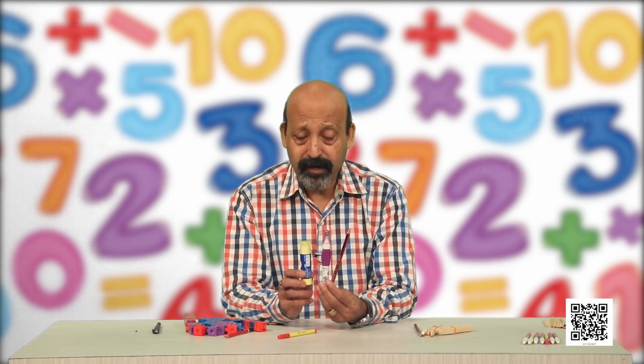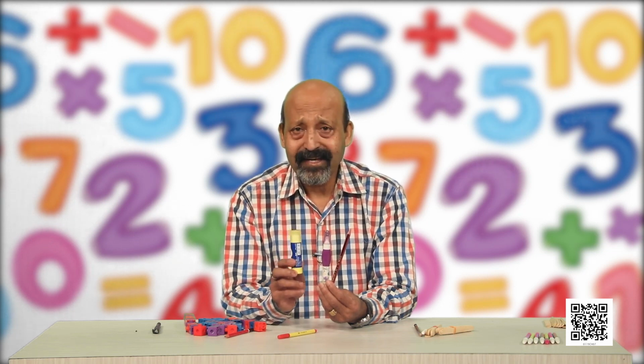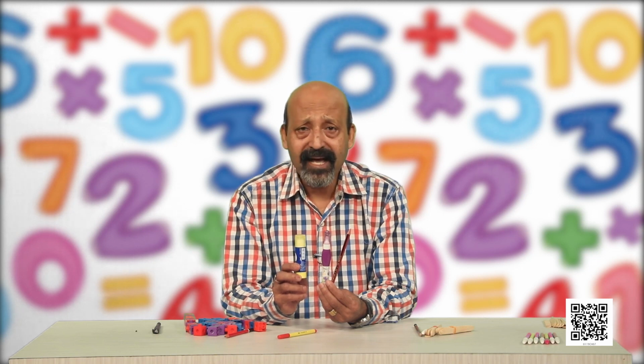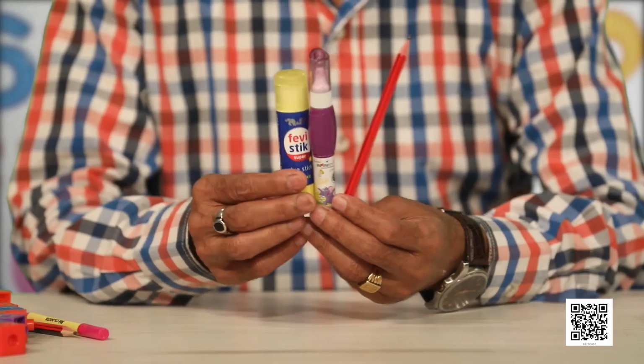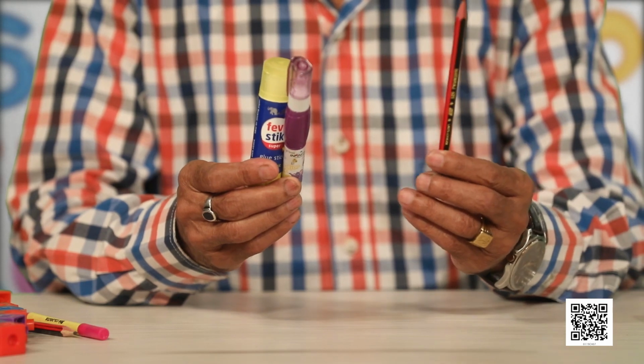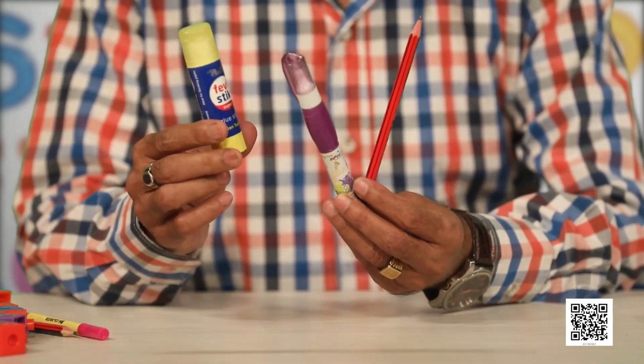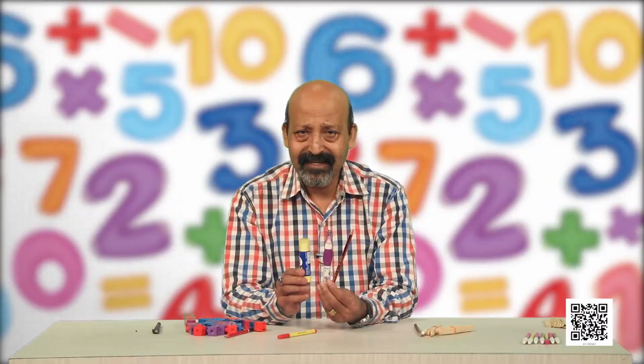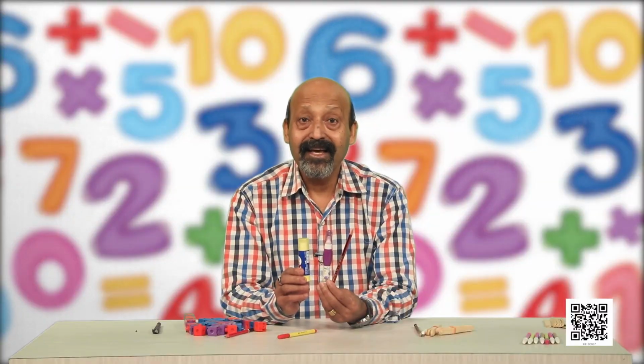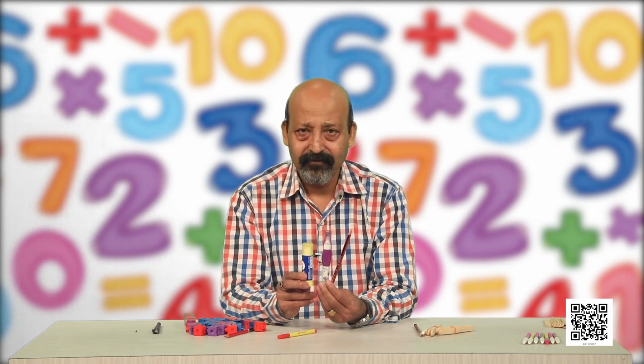Now, can you tell me, this is the thickest one, which one is the thinnest? Yes, this pencil is thinnest in these three objects and the glue stick is thickest. So, we use the words thickest and thinnest for these.